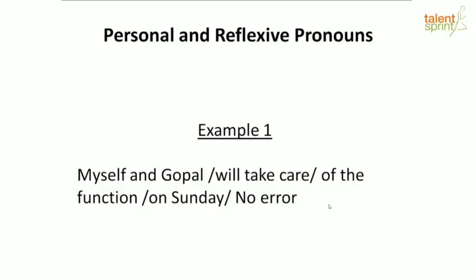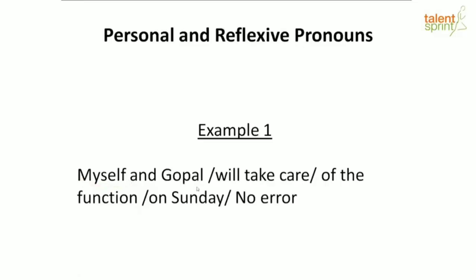I identify the verb and I put the question who or what. That becomes my subject. So in this example sentence, myself and Gopal will take care of the function on Sunday, I know that the sentence cannot begin with a reflexive pronoun myself. Okay, so I still need to change it to the right subject.